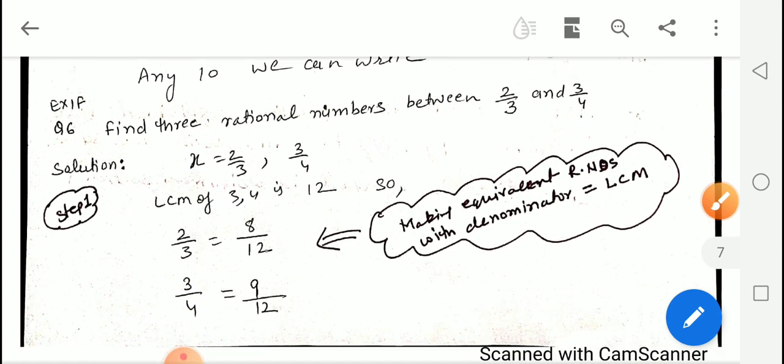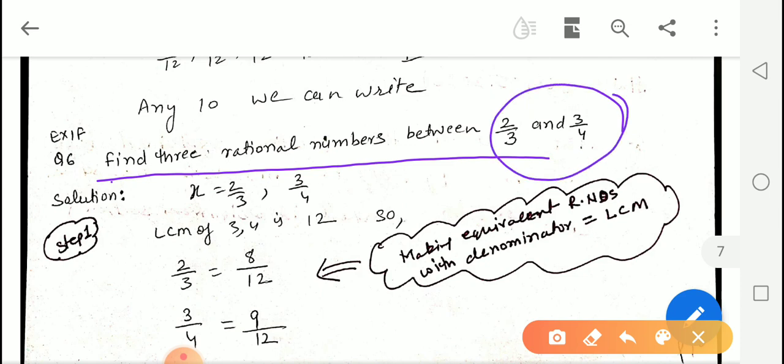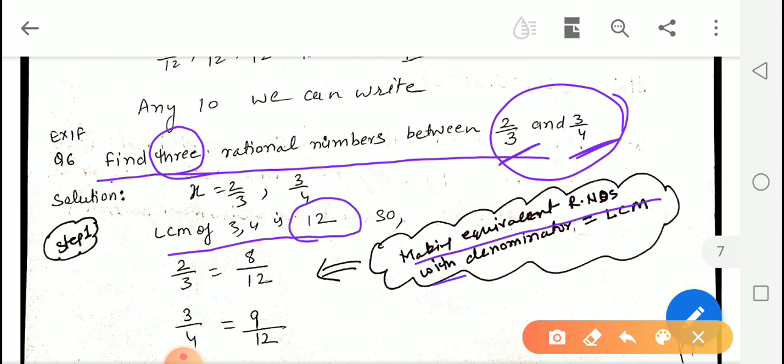Now we will do another question. Find three rational numbers between 2 by 3 and 3 by 4. Three rational numbers we have to find. So here also the denominators are different. The first step is we will take the LCM and make the equivalent rational numbers where the denominator is equal to the LCM.